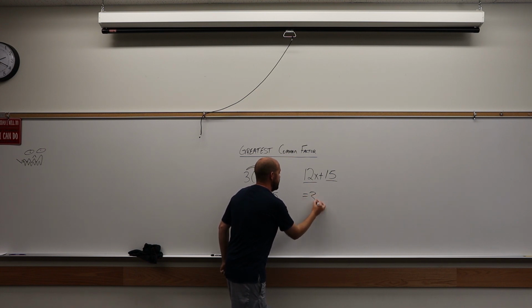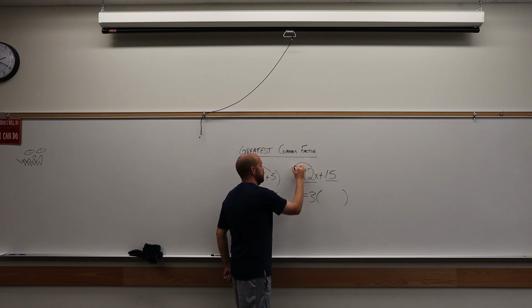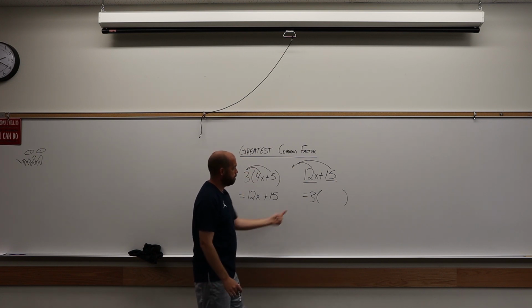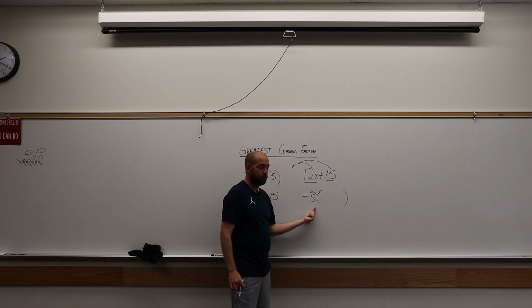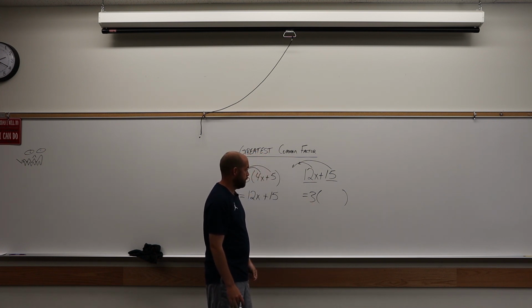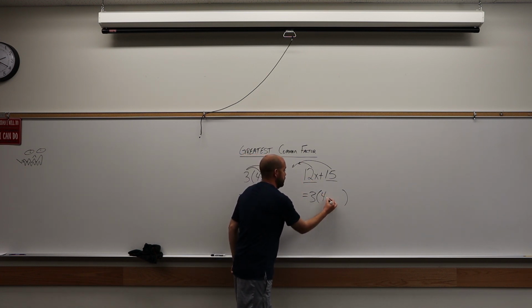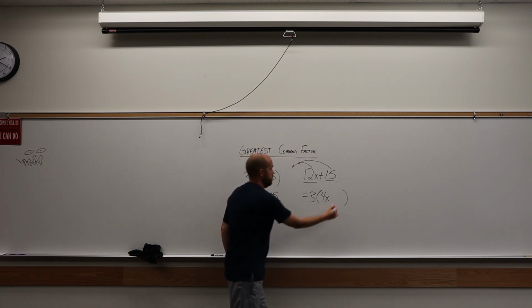So when I do decide to factor out, in other words, I'm going to divide out instead of multiply in, I'm going to put this 3 on the outside of a parenthesis. Okay, now I need to divide each of these terms by the 3. So 12 divided by 3 is 4. I still have an x plus.